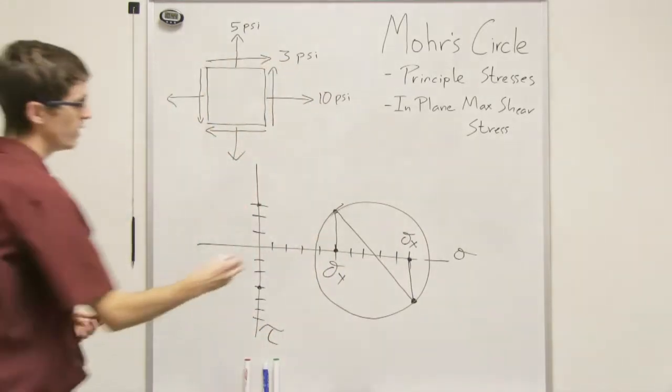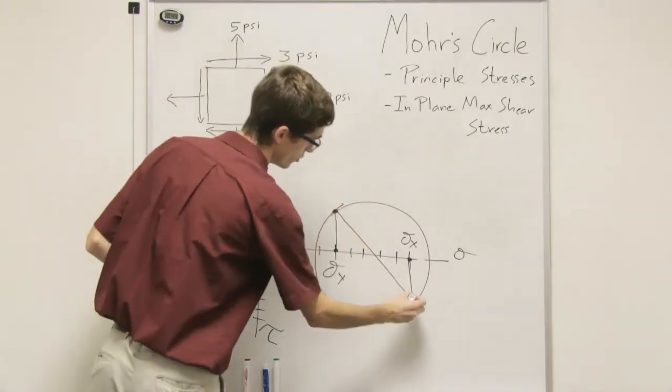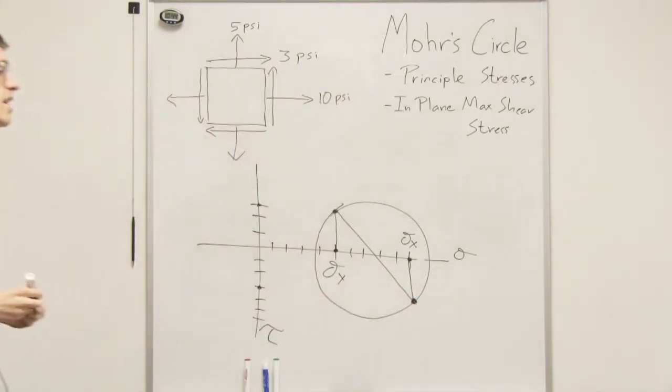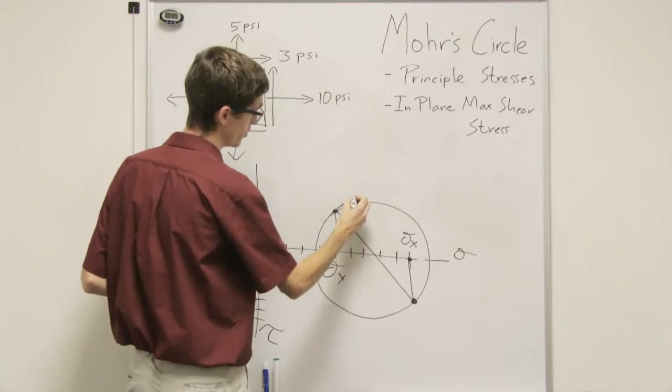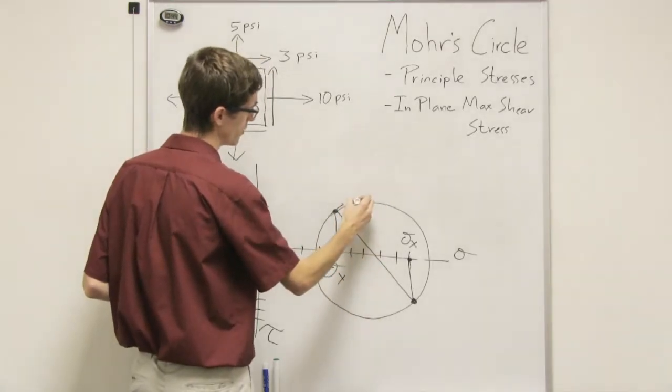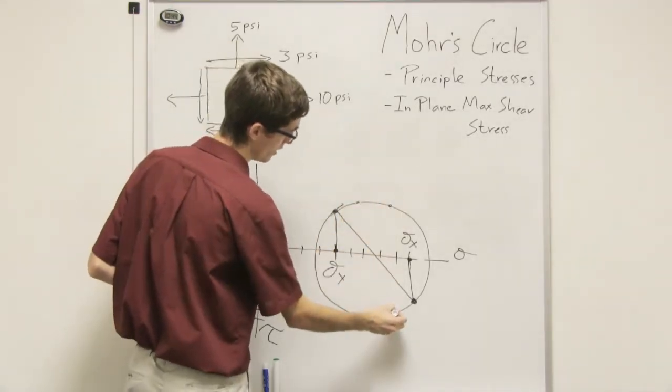These 2 points tell us what our stresses are. If we were to rotate it, we'd have a point like right here, or right here, or right here.